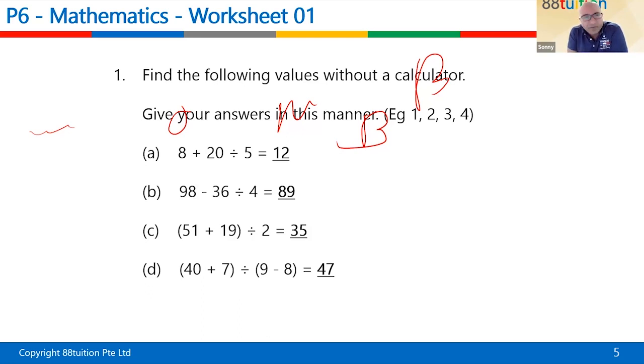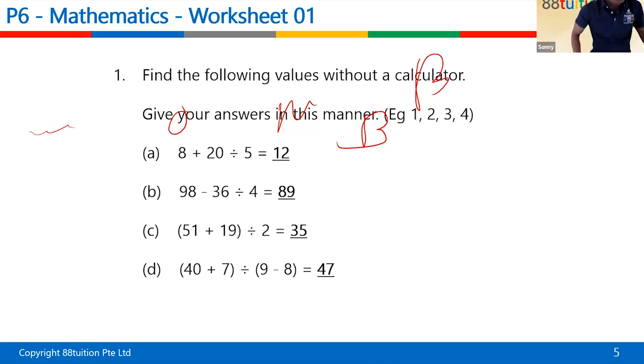For part B, what's your answer for part B? You still have to work on division first. So what you need to do is take 36 divided by 4. Okay, so this is 36 divided by 4.